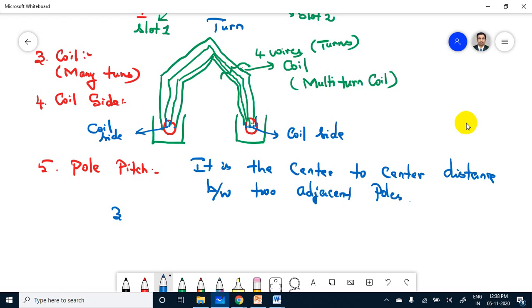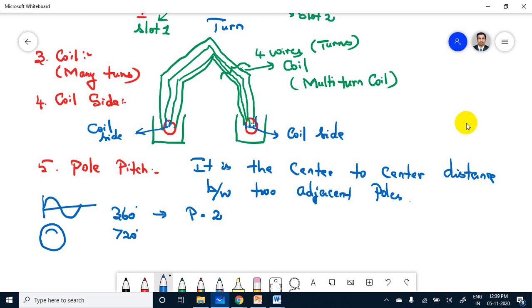So 360 degree, this is a 360 degree waveform. For 360 degree the pole value will be 2. And if it is 720 degree, 720 means this is the machine.